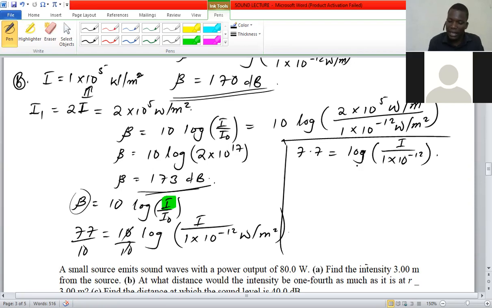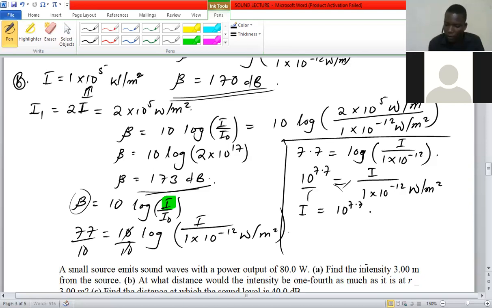It's the same as raising base 10 to the power: 10 to the power 7.7 equals the intensity over 10 to the power -12.